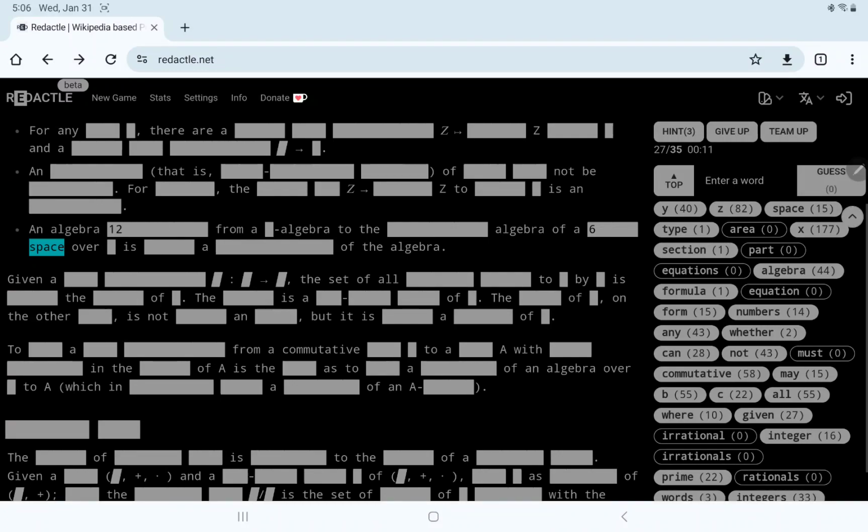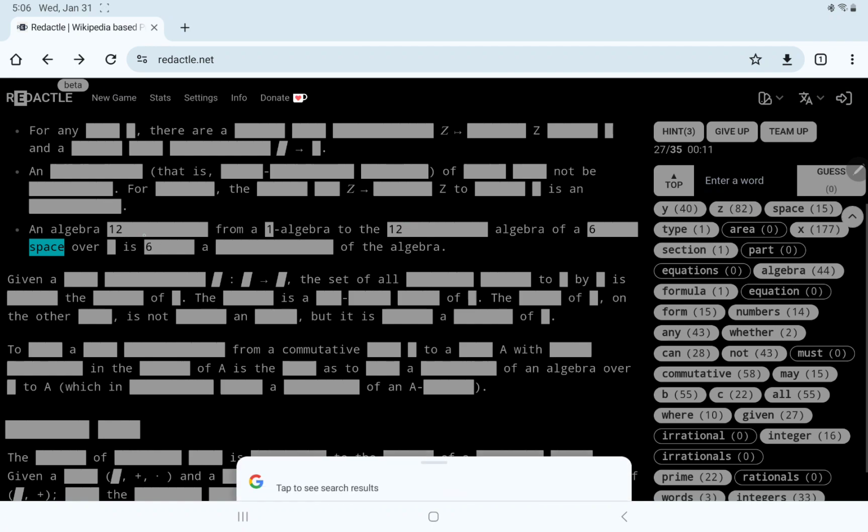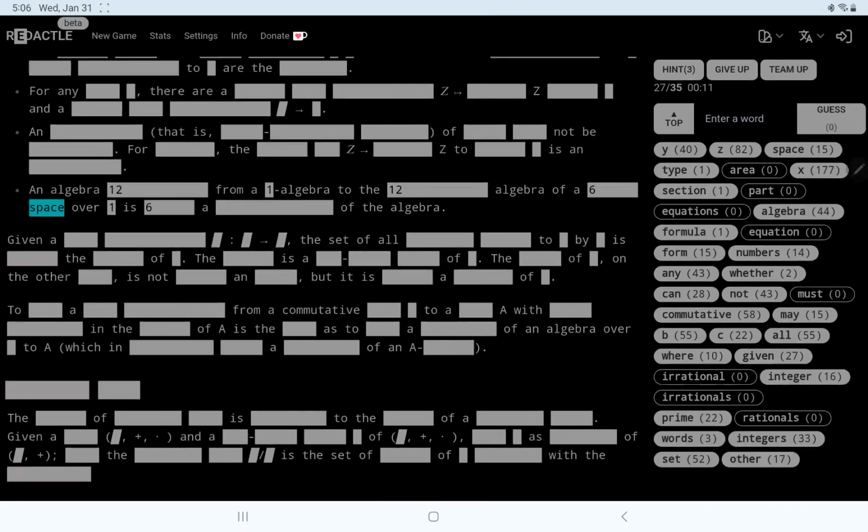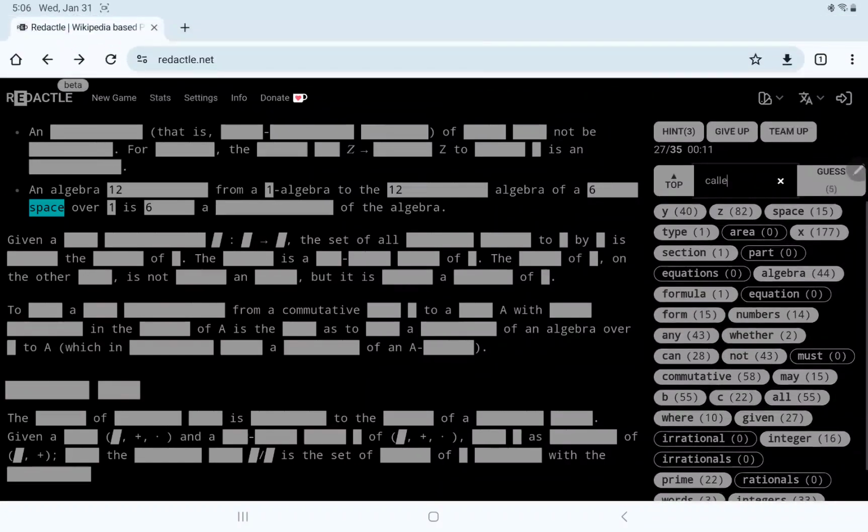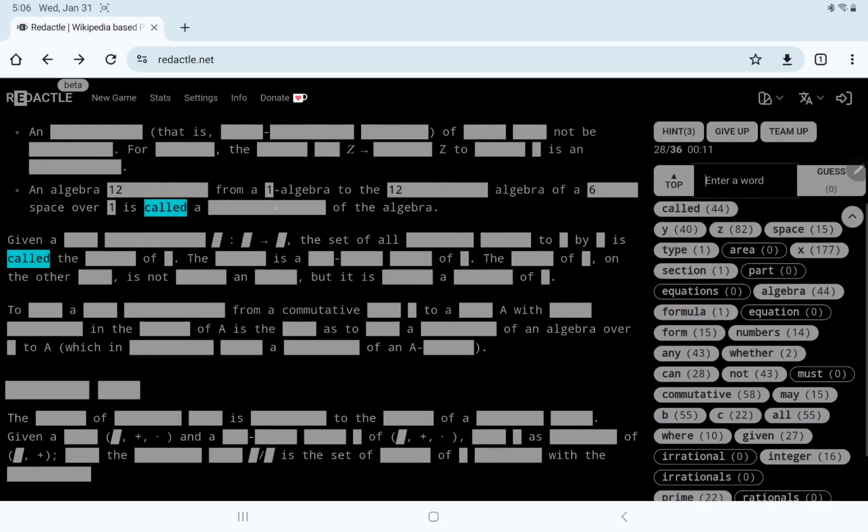An algebra something from a something algebra to the 12 algebra of a 6 space of a, what is that space? Is called a blank of the algebra.